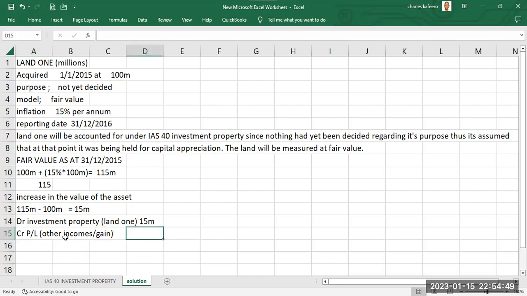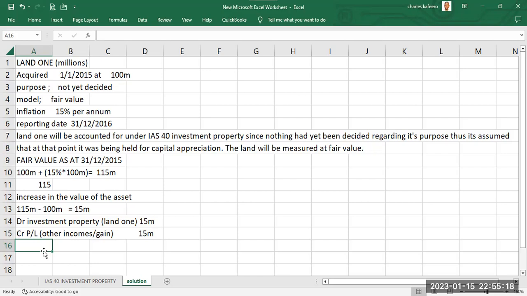The reason why this is going to the profit and loss is because these changes in the fair value are realized. Realized means that if you are to go to the market, that's the exact amount you are going to be receiving. You bought the asset at 10 million, but if you are to sell it, you are going to get actually 15 million.